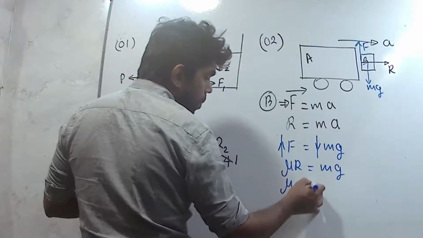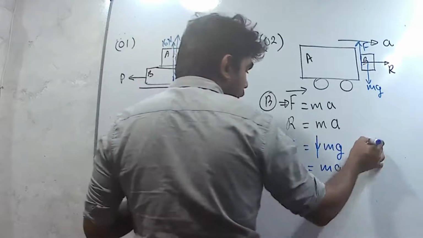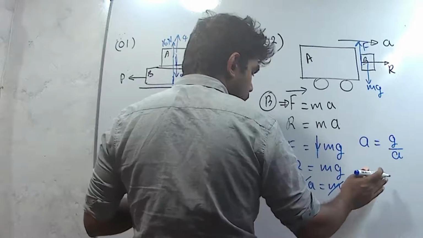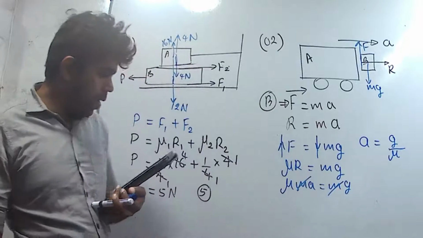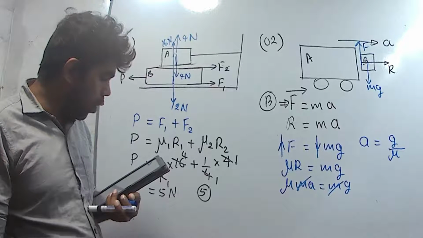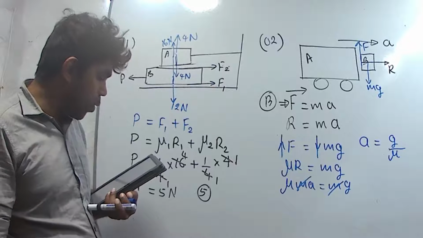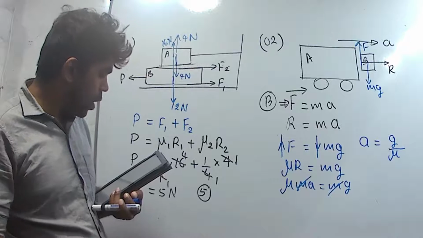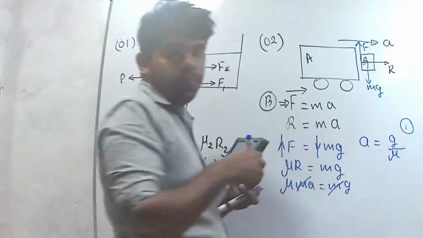Mu ma equals mg. Now we can cancel out m and m. We have to make a the subject. A equals g over mu. It is the smallest acceleration to avoid moving block B in the downward direction. It should be to the right. Then the answer is 1 for question number 2.